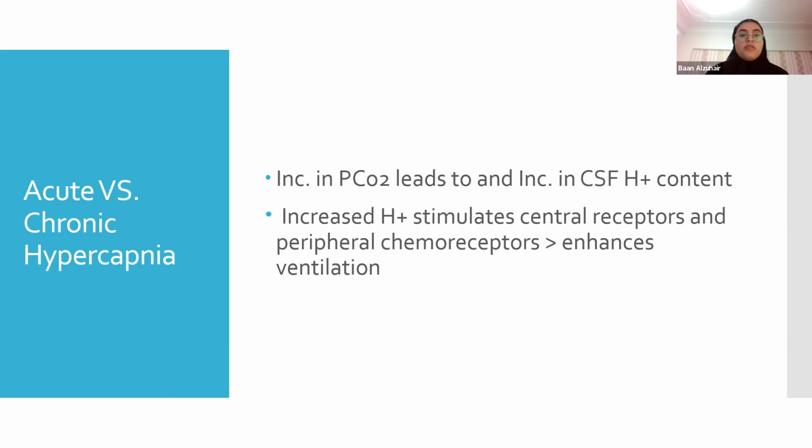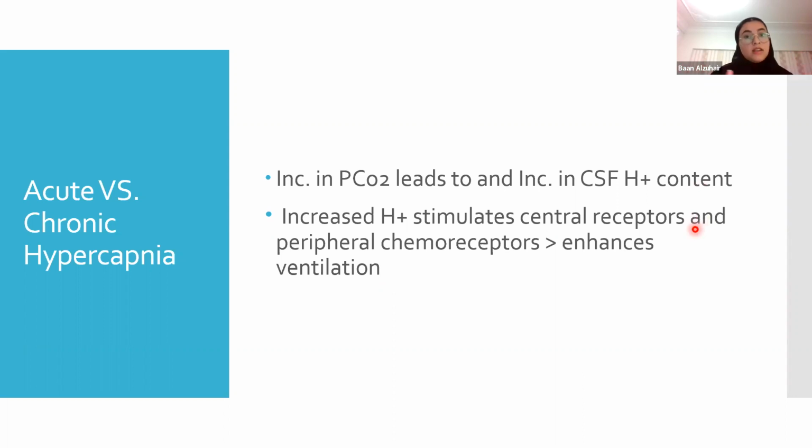There's something really important for you. You have to understand this. Acute is when in the beginning, it increases and it stimulates both the central chemoreceptors and the peripheral chemoreceptors, and it stimulates ventilation. After 12 to 24 hours, the pH of the body is partially compensated by the kidney. Thus, the stimulus of the hydrogen content to the central chemoreceptors is diminished, but the stimulation of the hydrogen to the peripheral chemoreceptors is intact.